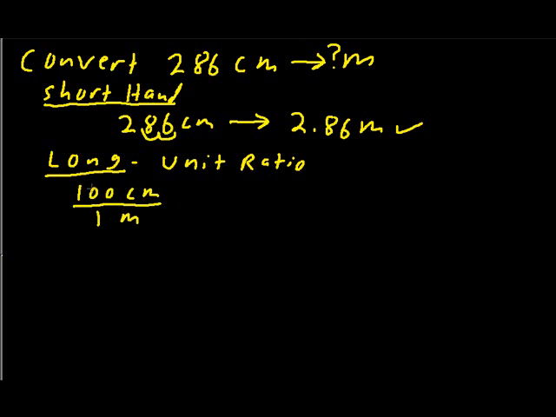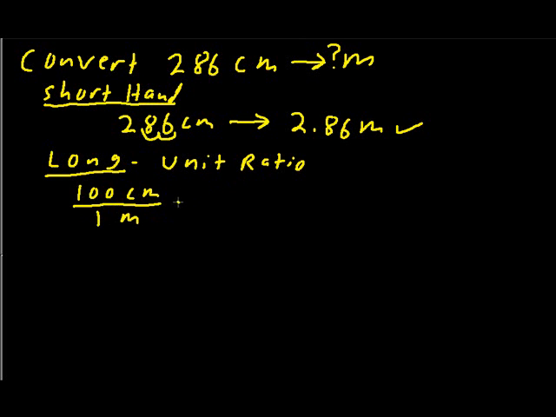Now, you could say this is a fraction. Not in chemistry. When we see these things set up, we refer to them as ratios. Now, mathematically, yes, it's 100 divided by 1. But for chemists, what you're looking at is a relationship between two units, centimeter units and meter units.